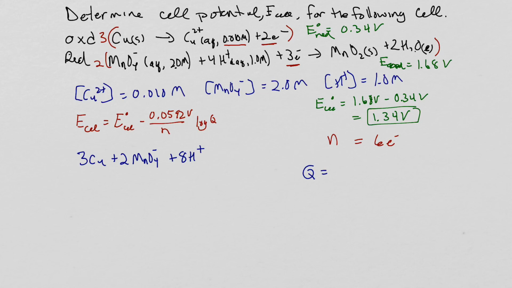And on the product side, I'm going to have 3 copper ions and 2 MnO2 plus 4 waters.